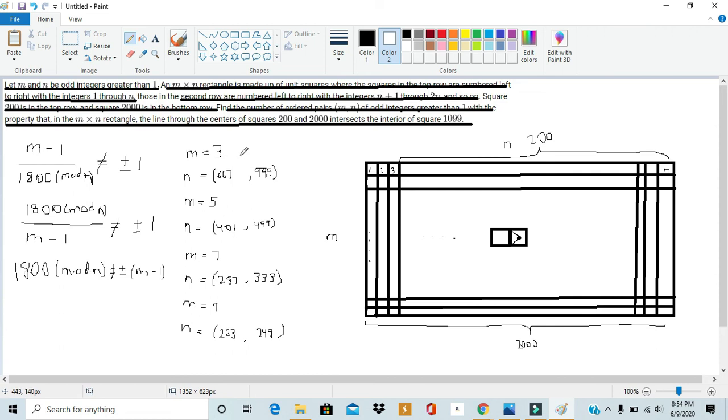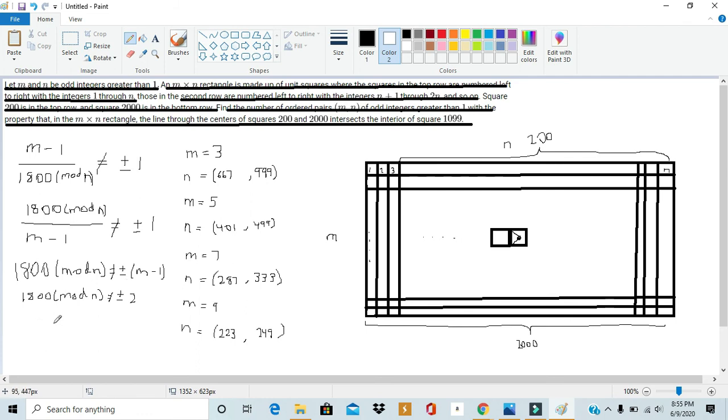So we got to start with the first case, m is equal to 3. Doing that, we see that 1800 mod n can't be plus or minus 3 minus 1, which is 2.